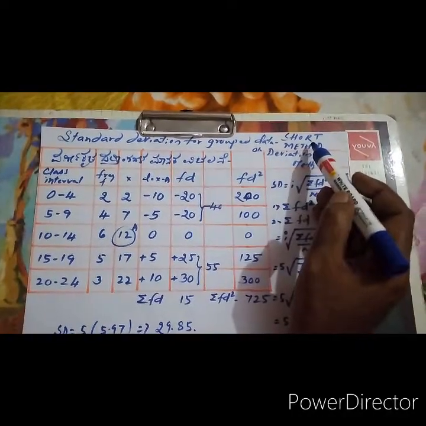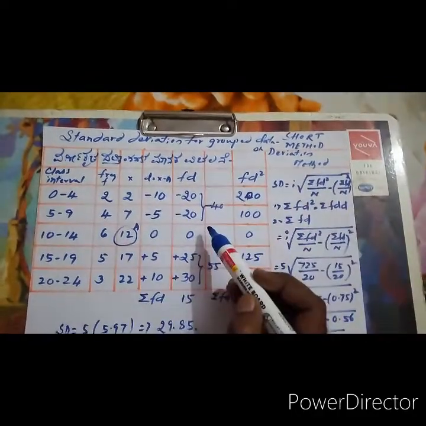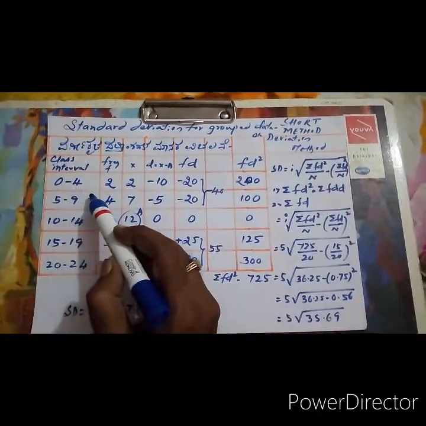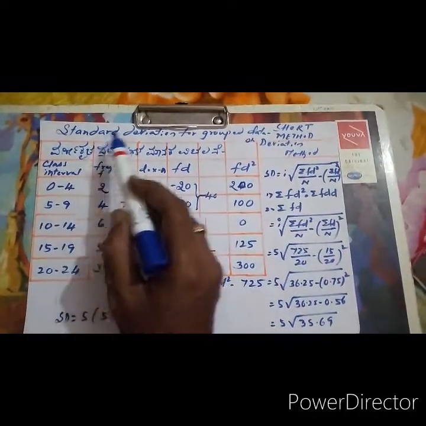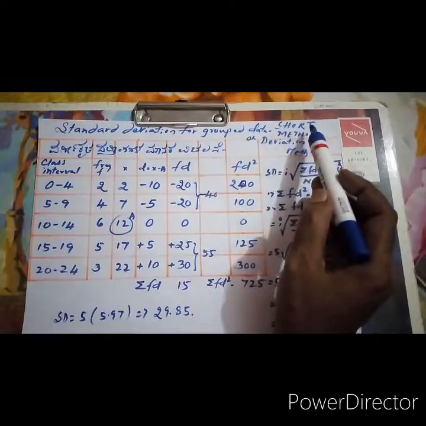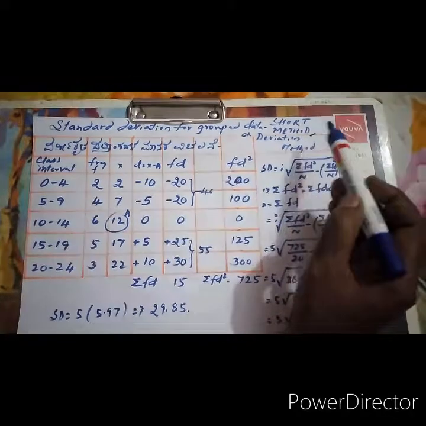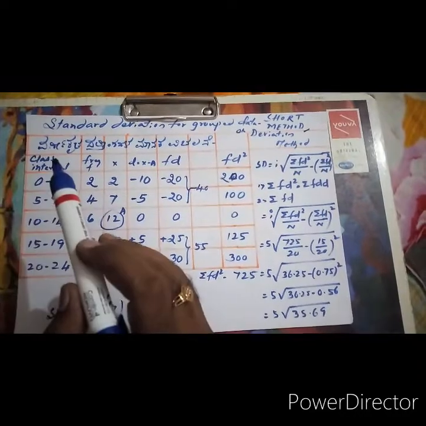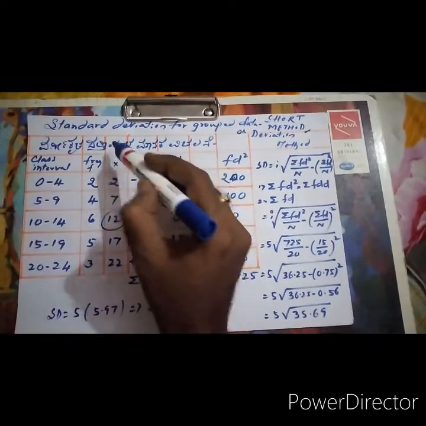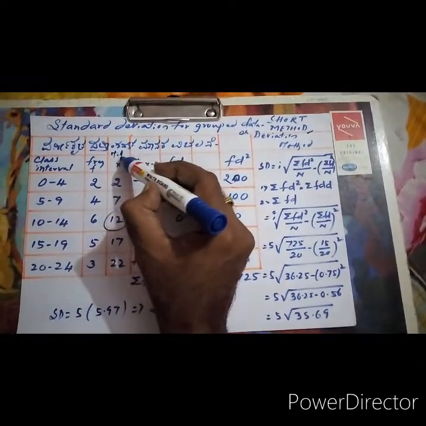For the same problem, that is class interval with the frequency, how to find the standard deviation with the short method. See here, again for finding the standard deviation we find x, the midpoint.